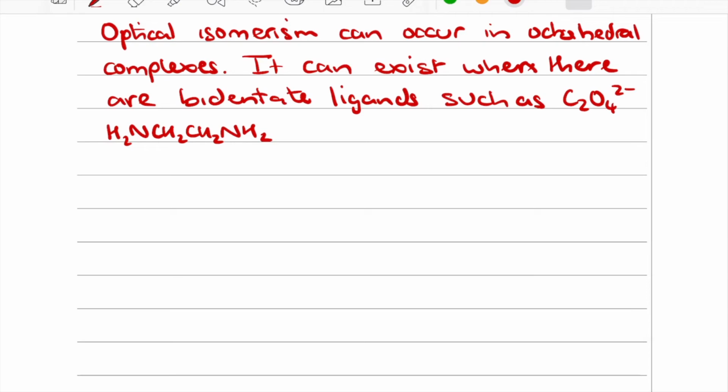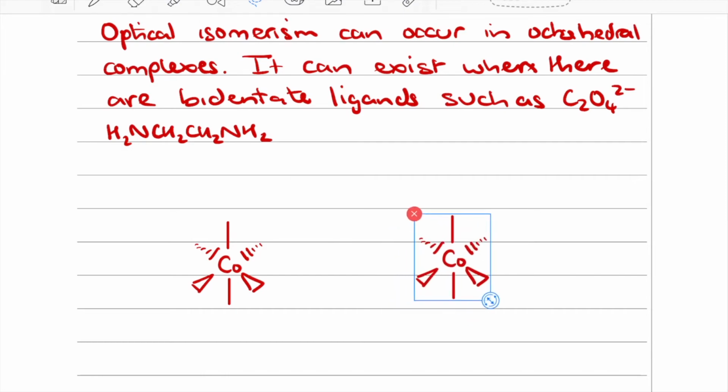So hopefully I've still got my octahedral shape, just to save us a little bit of time. Now, I think the best way of approaching this is, in the case of ethane dioate, at the end of each coordinate bond is an oxygen. In the case of 1,2-diaminoethane, at the end of each coordinate bond is a nitrogen.